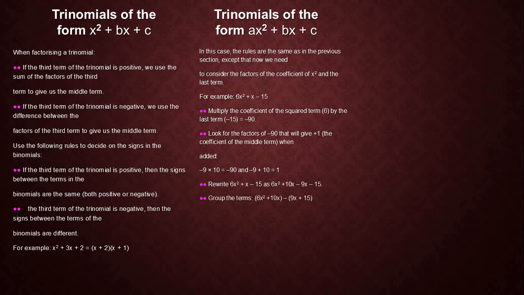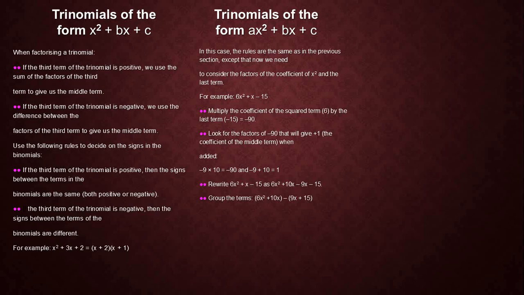So you're going to group the terms now in a way that suits the expression best. You are going to group it as 6x squared plus 10x, minus 9x minus 15.